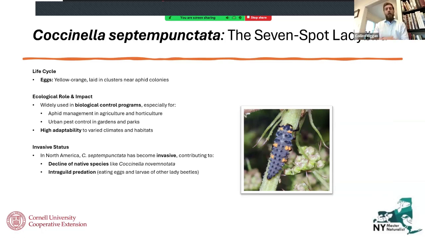There's other reasons as well, like sprays and chemicals, but this one definitely has pushed out the native species quite a bit. And this one is a little bit more aggressive. There's intraguild predation, so that means it will eat other ladybug species' eggs, as well as the young. And another species we're going to talk about in a minute actually will eat the adults as well.